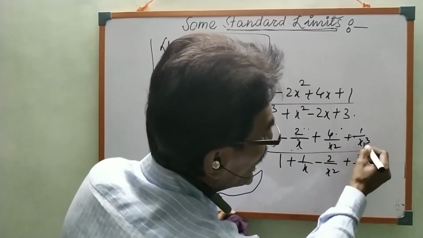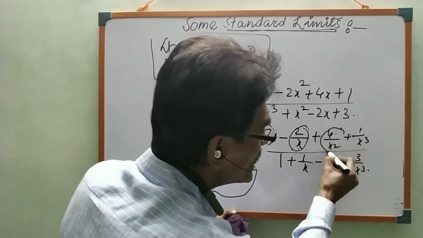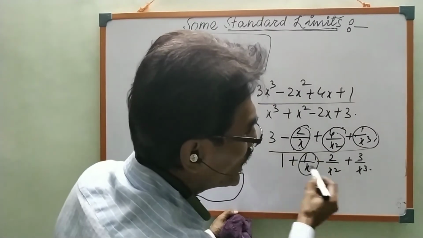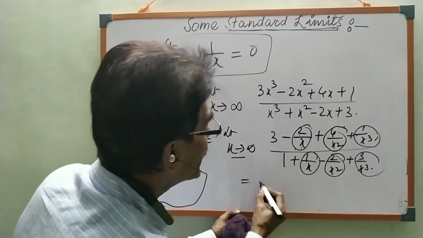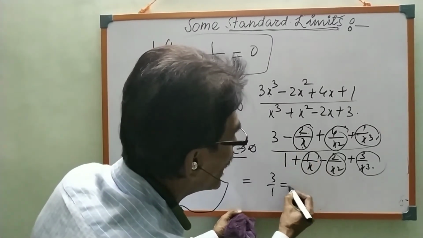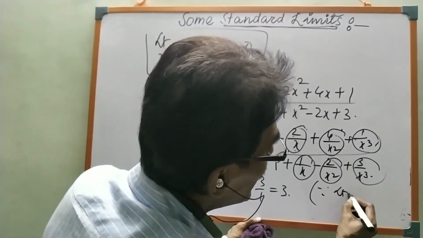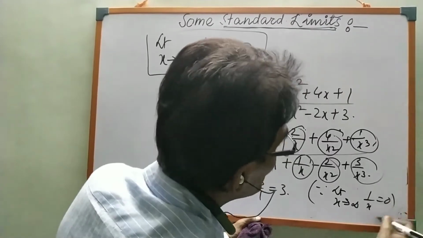This one, 1 by x whole cube, is also 0. So this part 0, this part 0, this one will be 0, this one also will be 0, this is 0, this is also 0. So finally, if I use the limit, what is left? The answer is 3 by 1, which is 3. In brackets, you can give the reason as limit x tends to infinity 1 by x equal to 0.